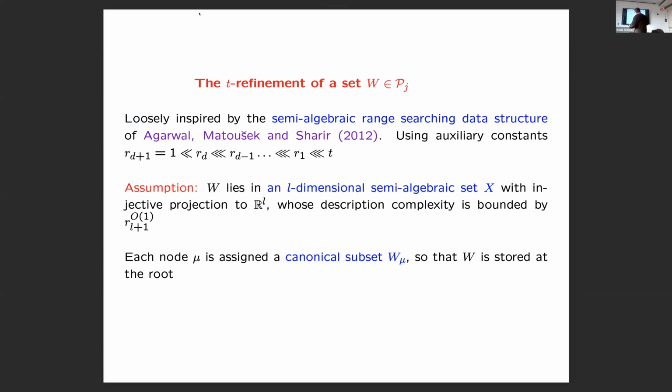And the question is how you subdivide a part in an intermediate partition, and keep it in the subsequent partition. Actually, though it's a mostly combinatorial paper, this particular step, using polynomials of bounded degree, is inspired by a paper by Agarwal, Matoušek, and Sharir, who worked on semi-algebraic range search.